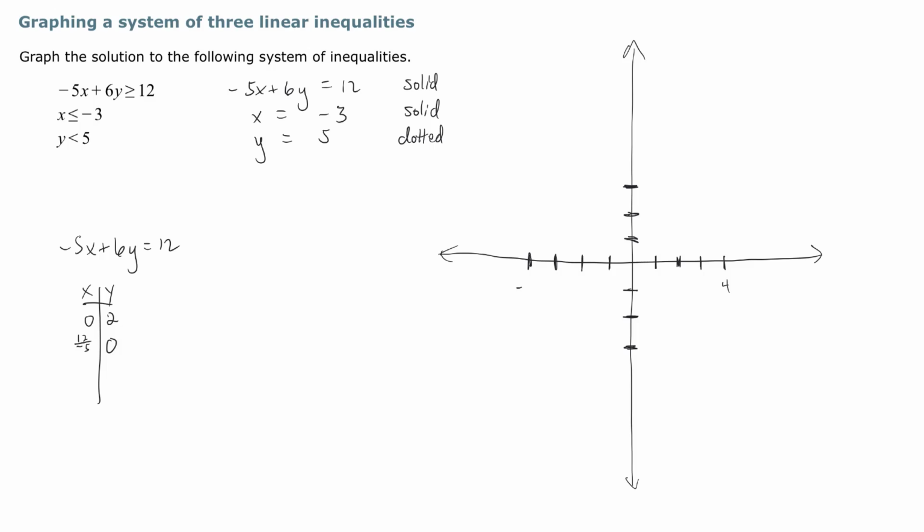So this is 4, negative 4. This is 3. This is negative 3. And let's graph our lines. 0, 2 is here. And then negative 2 2/5, 0. Right here, there's a line. I'm going to connect those dots. I'm also going to draw my horizontal line. This line right here needs to be dotted.